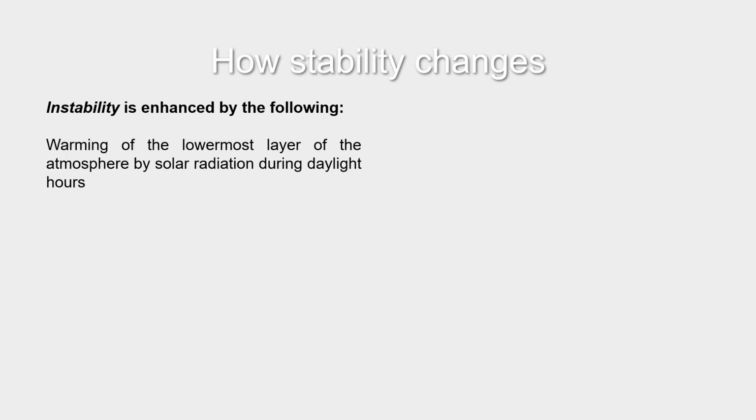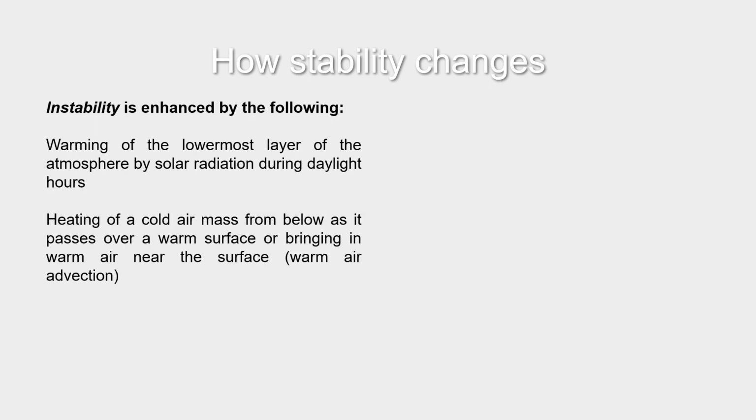First, instability is enhanced when there's a warming of the lowermost layer of the atmosphere by solar radiation during daylight. We've seen that. That's why absolute instability happens, because of too much warming of the surface layer of the earth by the solar radiation.